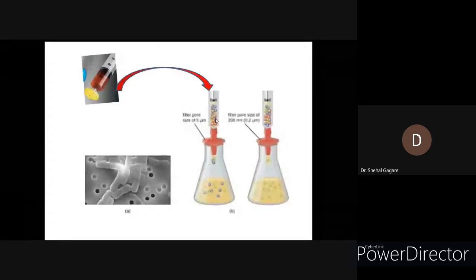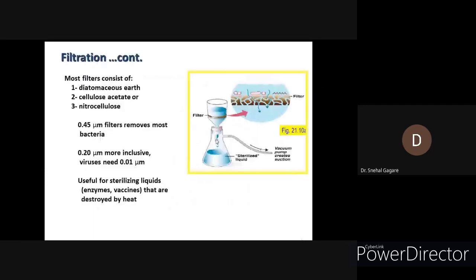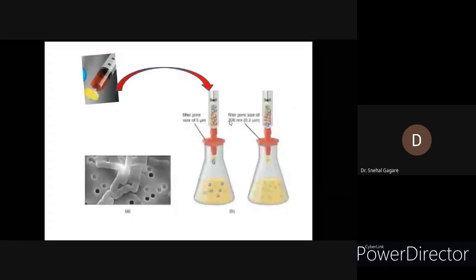Slowly we will release from this end, and then this filter which is present here, the nitrocellulose membrane, will filter the components, and here the bacteria will be retained, whatever contaminants are there will be retained over here. So these are the microorganisms which are present in this filter. So we have seen two types of filtration assembly. These are membrane filters and these are filters which are used in the filtration process both in plant and animal tissue culture.